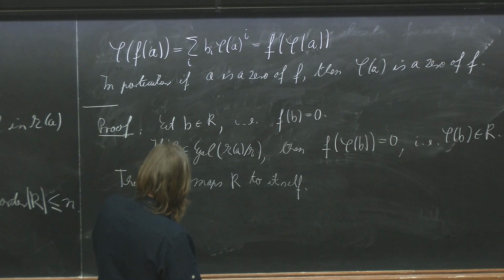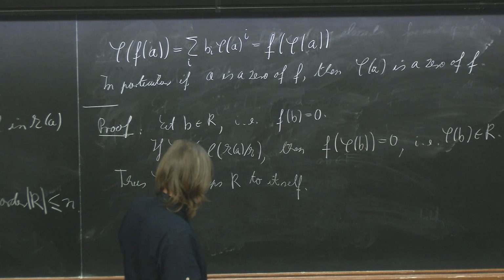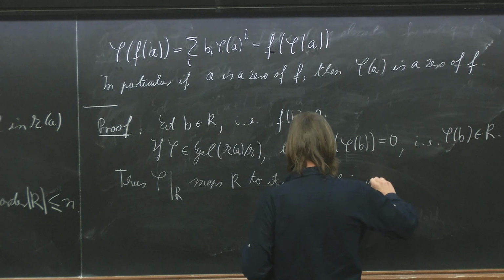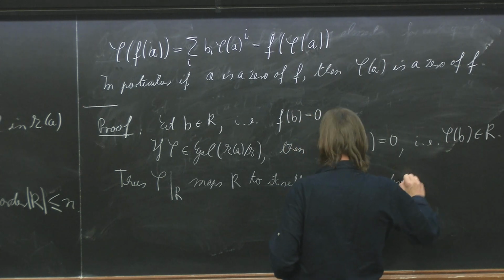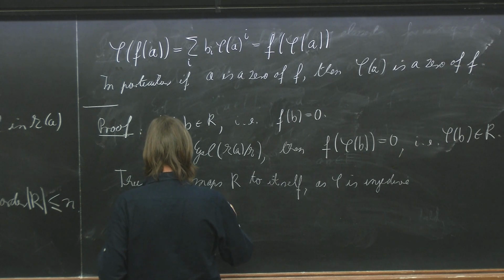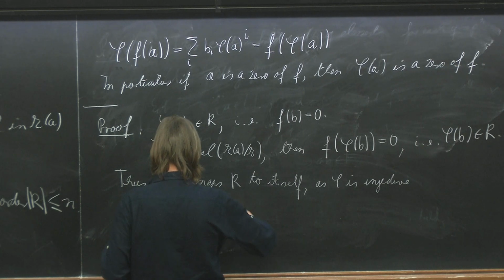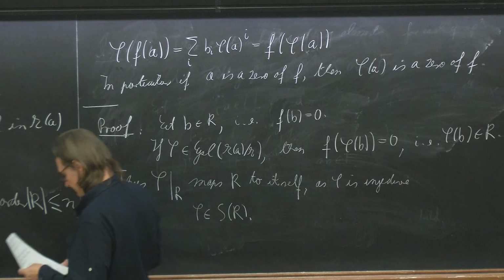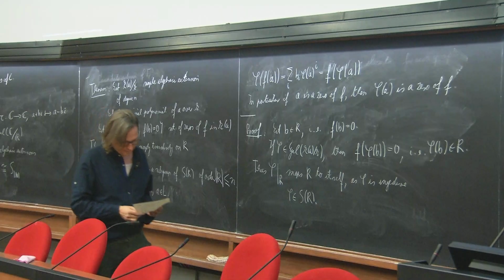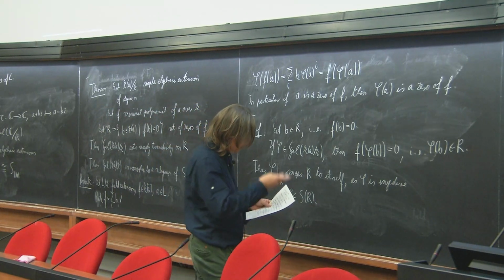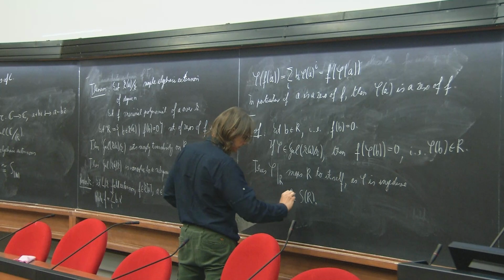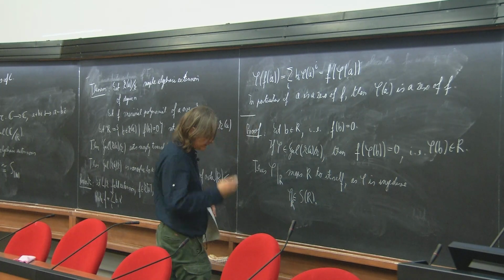So therefore, it is a bijection of R to itself. We have that phi restricted to R is an element in S of R, a permutation.